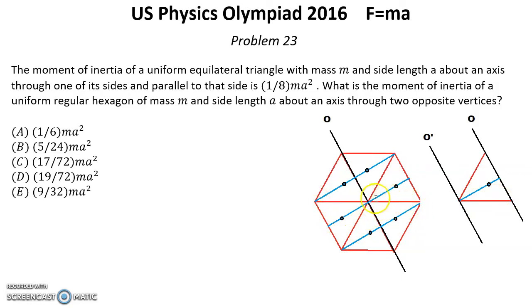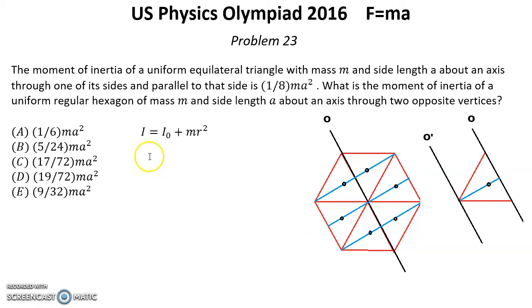So we have to find the moment of inertia of such a triangle around axis O. Or we can find the moment of inertia of this triangle around axis O prime. Let's do this. First, we have to find the moment of inertia for this triangle around the center of mass. This we can find from the parallel axis theorem.